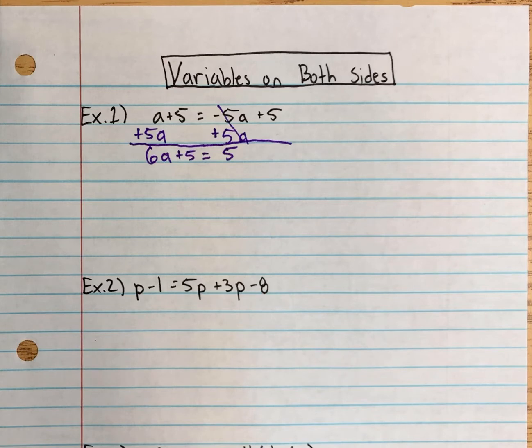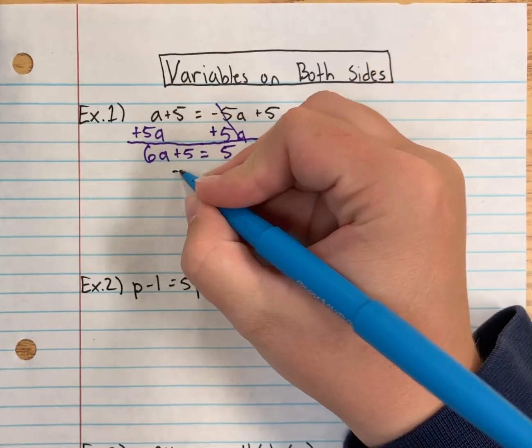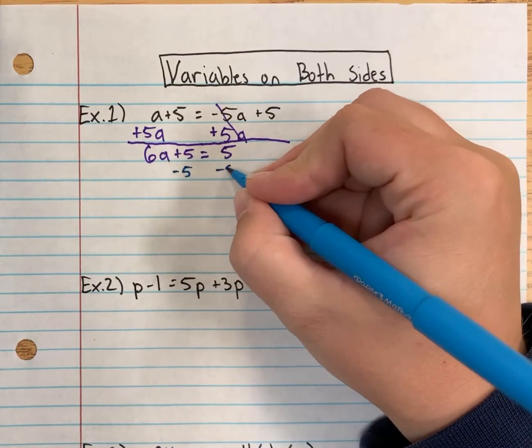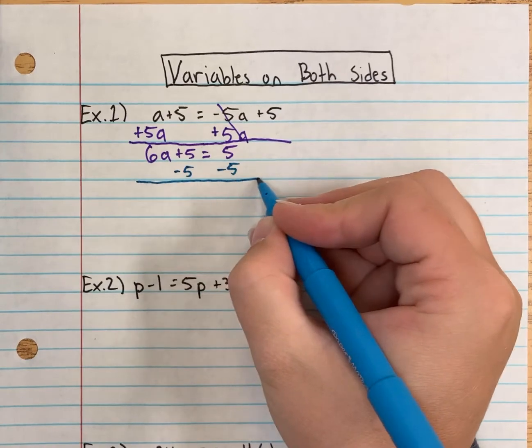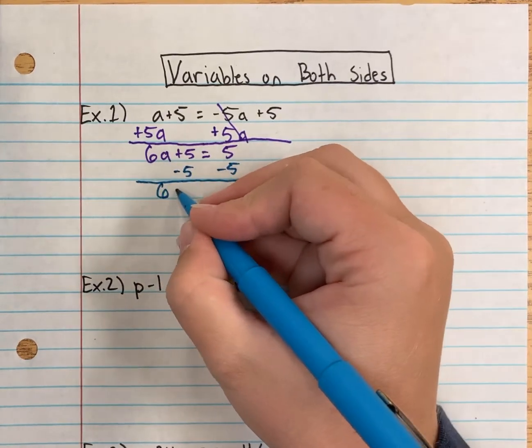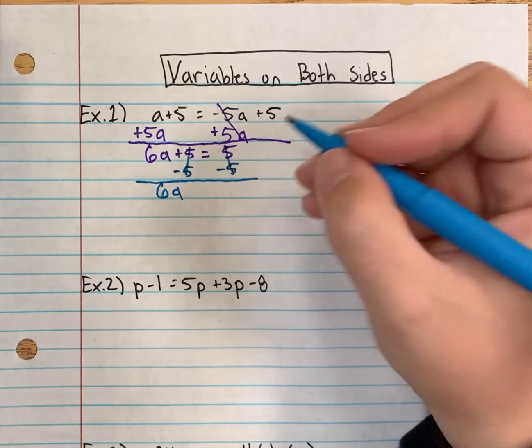And now we're down to just a regular two-step equation like you guys have been doing the last few days. So we want to get a by itself. Therefore, we need to first subtract 5 from both sides. When we do that, you get a 6a. This becomes 0, and this also becomes 0.